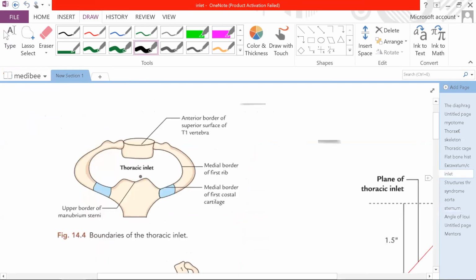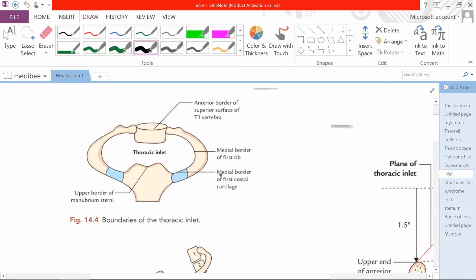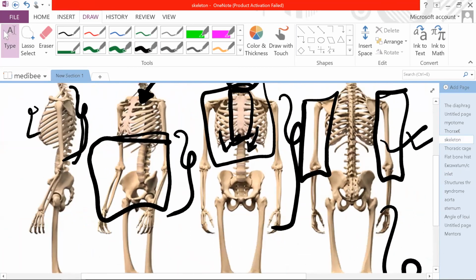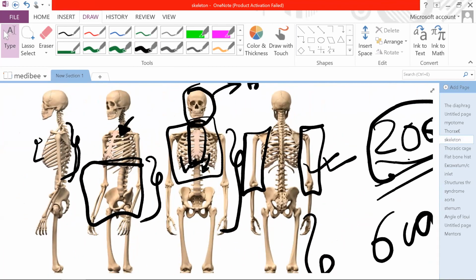The inlet is formed by the superior border of the manubrium, then the medial border of the first costal cartilage and the medial border of the first rib, and then the anterior border of the thoracic 1 vertebra. Together they form the thoracic inlet. In anatomy you will always label the border as medial or lateral. The border near the body I call medial.